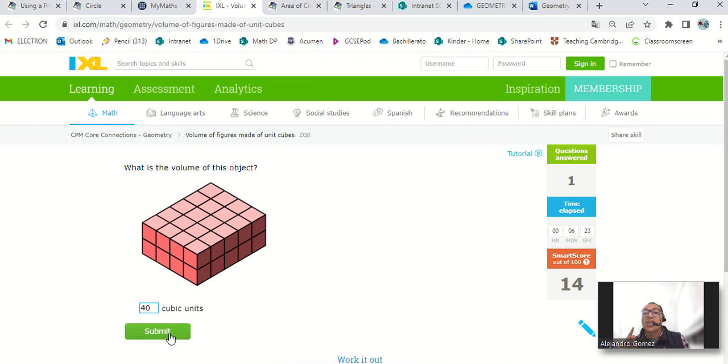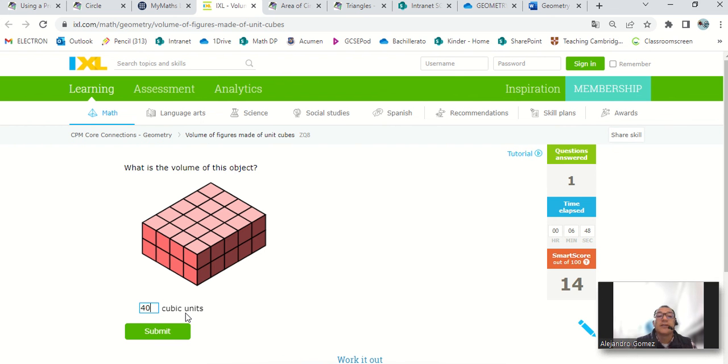So 40 cubic units. If we were not talking about cubic units, then they would be giving us the measurement: 4 centimeters, 4 inches, 4 yards, 4 kilometers. What is it? Well, in this case, we don't have the measurement, but they are giving us cubic units.